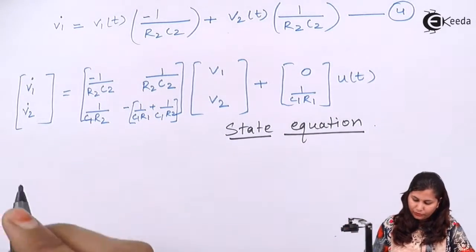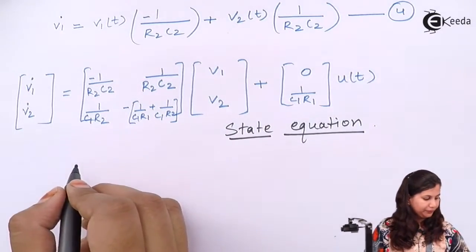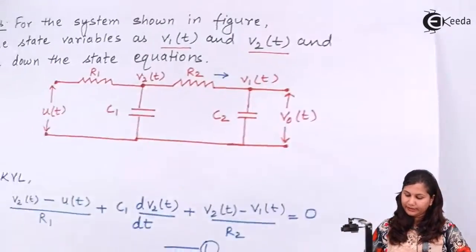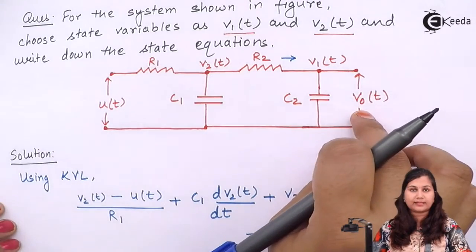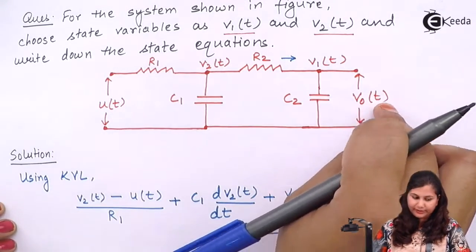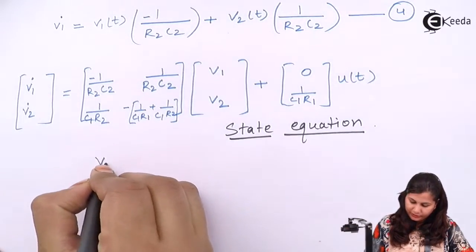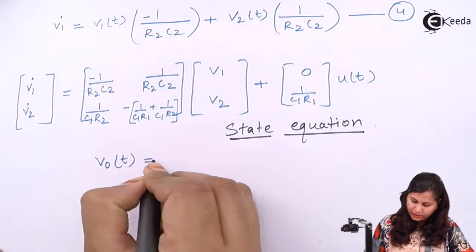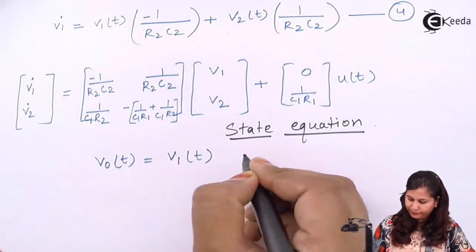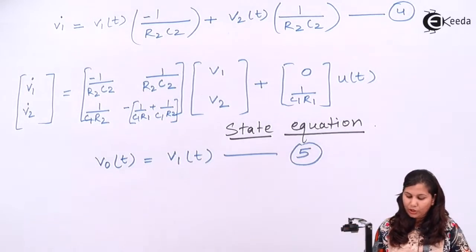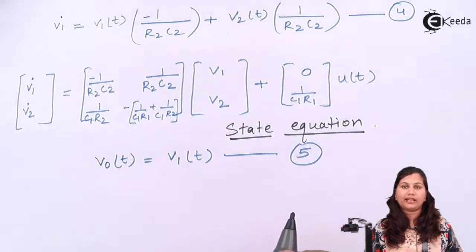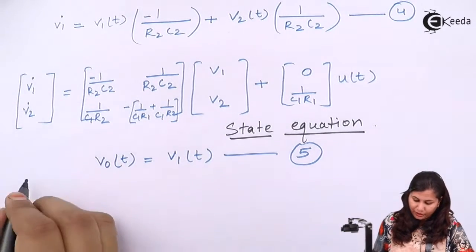Now we also know that the output is our V0(t). So in this diagram you can see that V0(t) equals V1(t). So we have another equation, V0(t) equals V1(t). This is our fifth equation. So from this equation we can write the output equation.